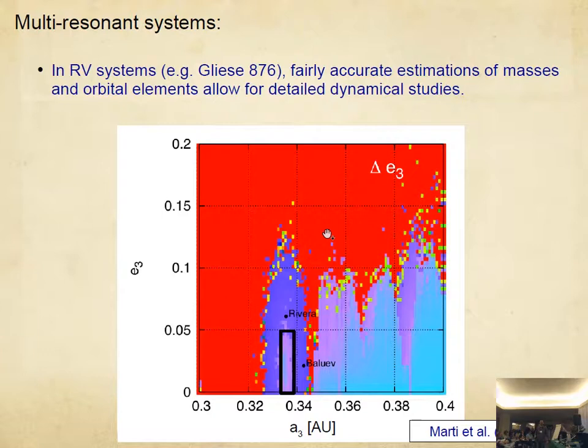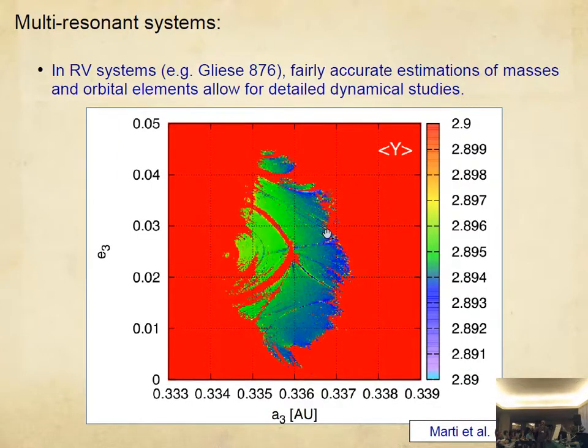And actually, if you zoom in even more, you see that the whole region is highly chaotic, except for this part, which looks very strange, very fractal, which has chaos or Megno which is always larger than 2, but is much smaller than this red region. Okay. So this is the actual inner resonance zone of the Laplace resonance in Gliese 876. All the orbital fits are outside.